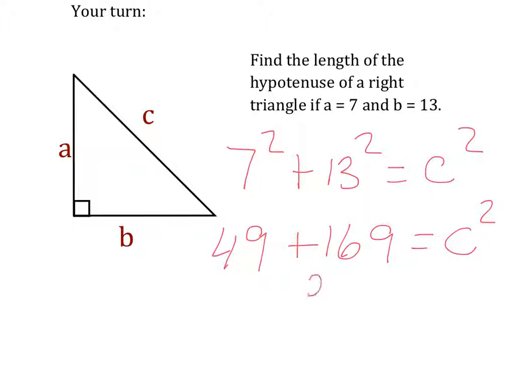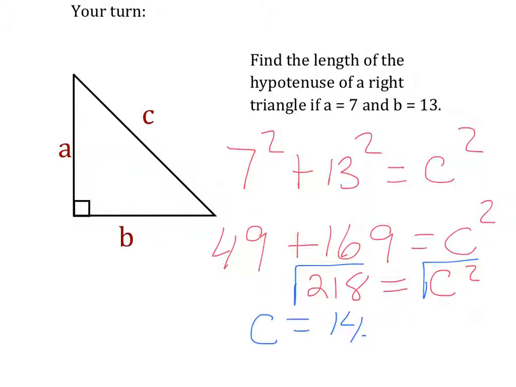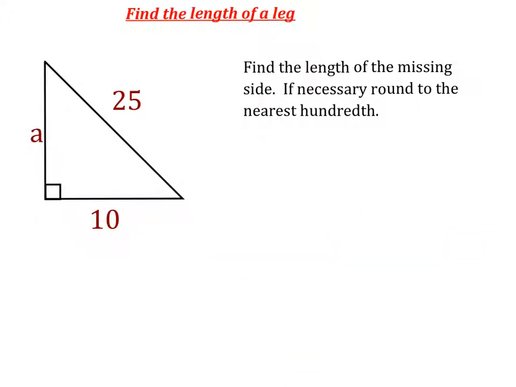So we have 218 equals C squared. Again, at this point we need to take the square root of this, and that ends up with a number that goes on and on forever. We'll go ahead and just round to the nearest hundredth. So we get C equals 14.76 as our answer.